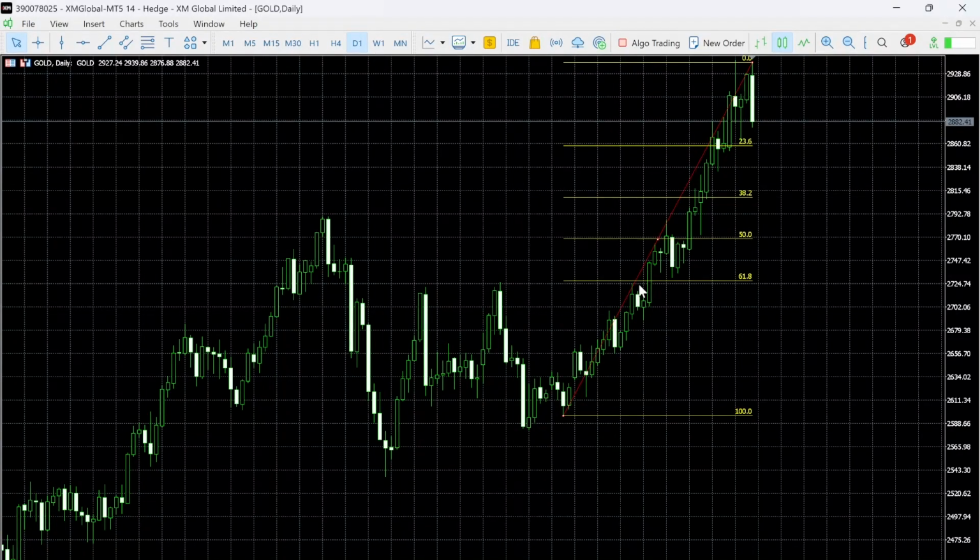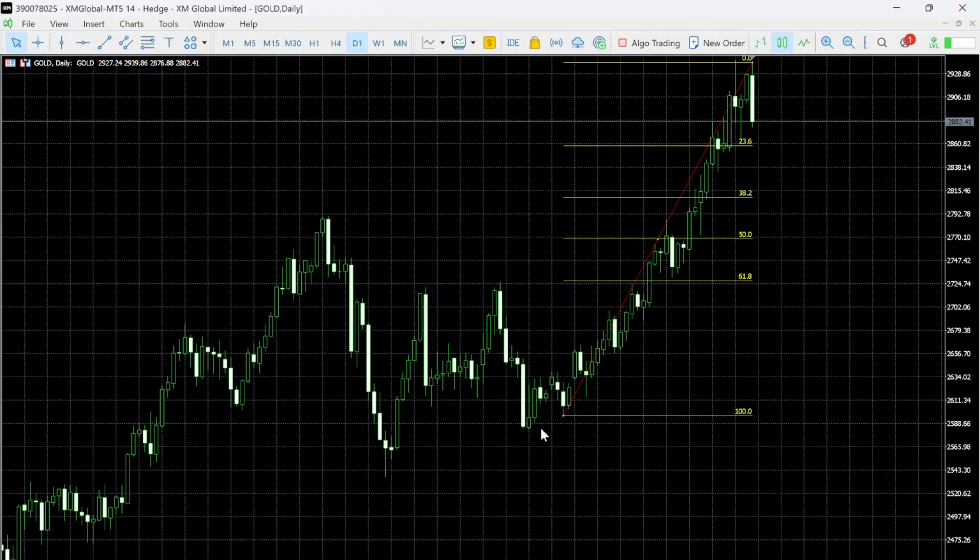These levels also act as support and resistance levels. You see here, this 61.8 is like an area of support and resistance, then 50, 38.2, etc. But we need these numbers, these 1, 2, 3, 4 numbers.